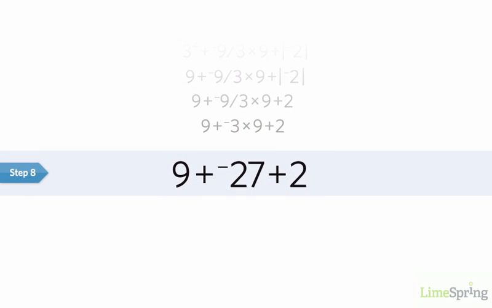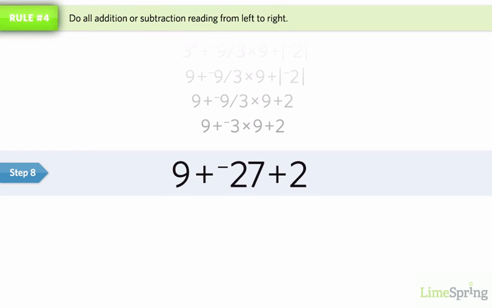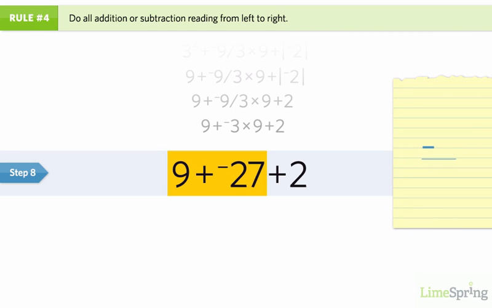Finally, we can use the last rule in the order of operations, which tells us to add or subtract, whichever comes first, as we're reading from left to right. The first problem we come to is 9 plus -27. We are adding numbers with different signs, so we subtract the smaller number, 9, from the larger number, 27, to get 18.